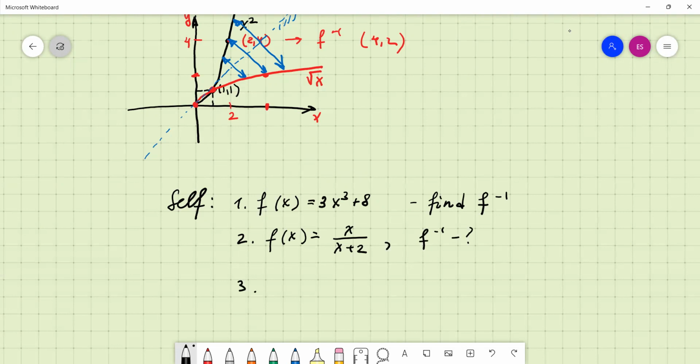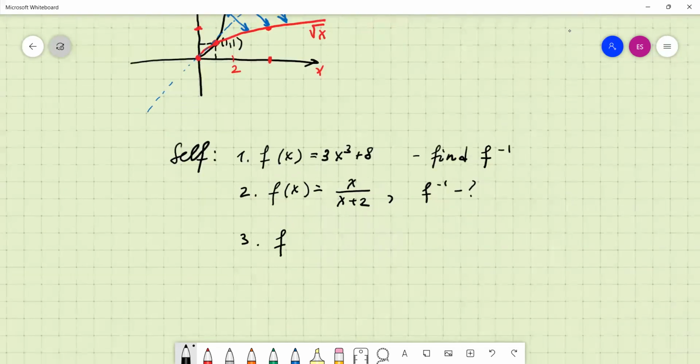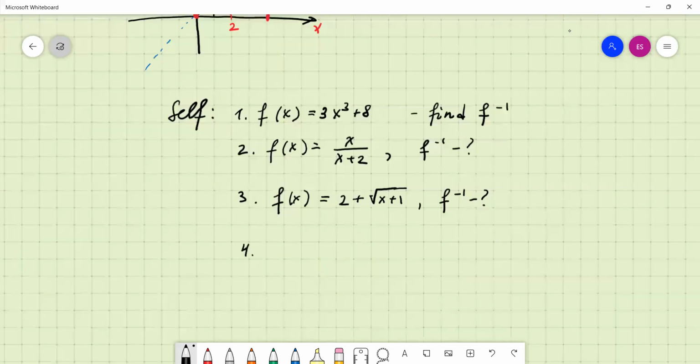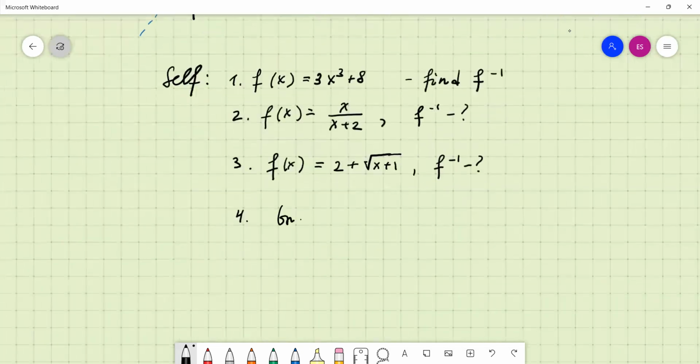Problem number 3. Well, I'm giving you different problems for finding the inverse, so you practice a little bit with different arithmetic operations and some algebraic operations such as square root, to find the inverse. And the last one is graph the inverse.